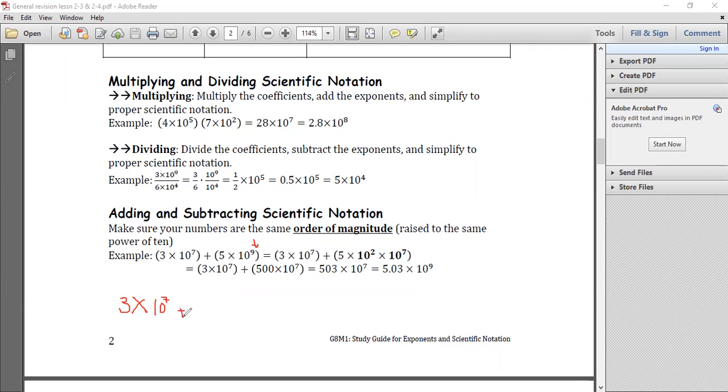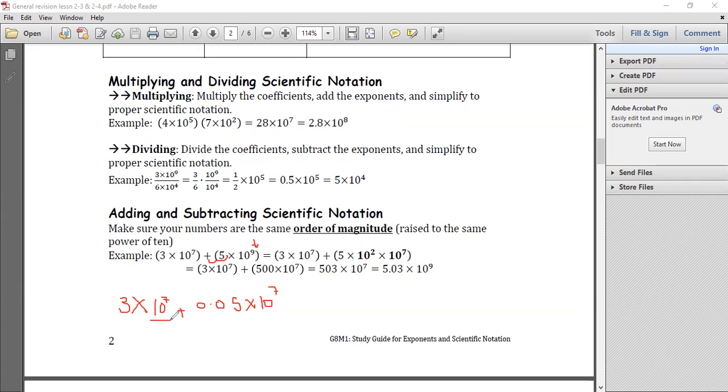We said once you move to the right, you add 1 to the exponent. Once you move to the left, you decrease the exponent, which means moving the decimal point. So I'm going to move 1, 2. We want only to decrease it by 2. So it will be 0.05 times 10 to the power of 7. Why?